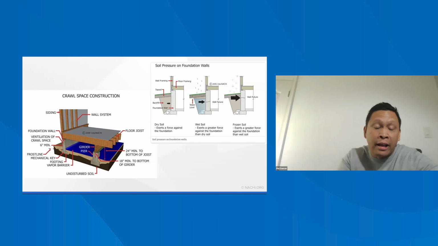That type of soil is an expansive clay soil. The weight and pressure of a dry soil could also crack a foundation. There's also a wet soil, either expansive or a swelling soil, that can do the same thing and exert a force onto that foundation.